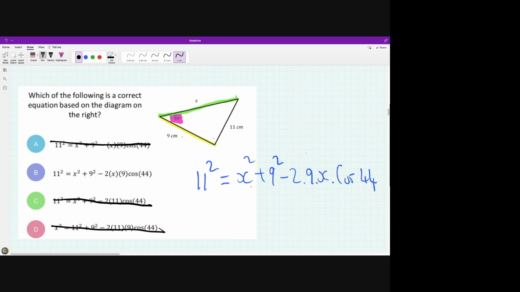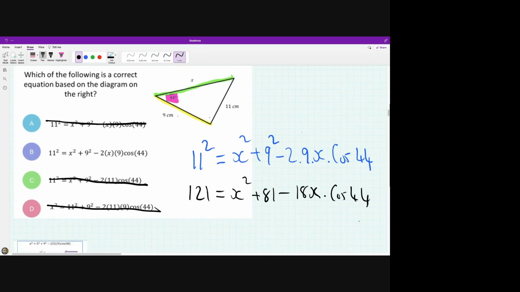Now the question is, if I want to find what x is, how do I find that? Well, I have to make x the subject of the formula. So let's clean this up a little bit. Let's get 121 equals x squared plus 81 minus 18x times the cos of 44.